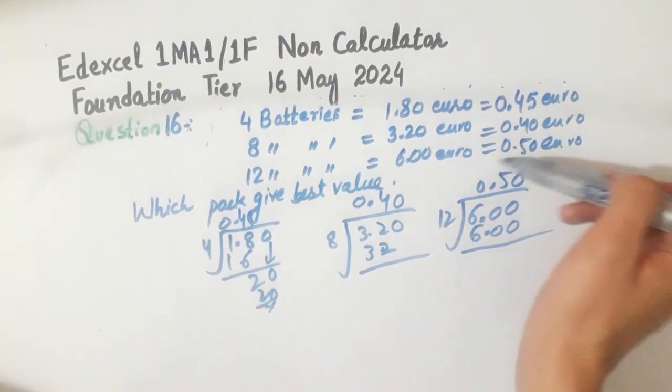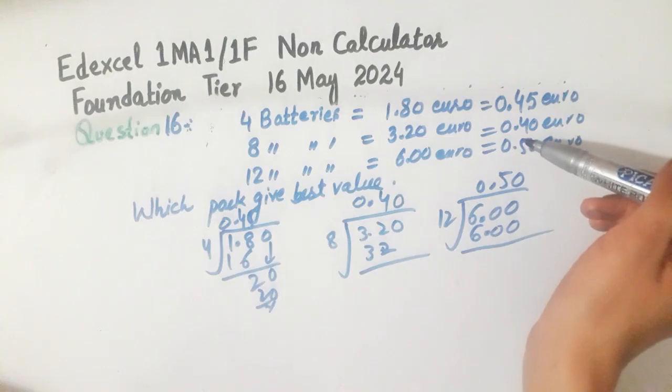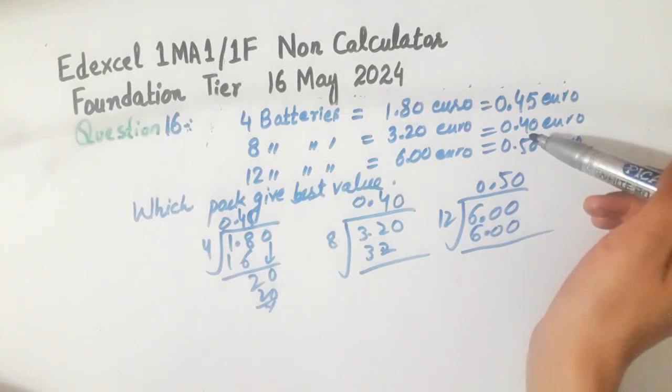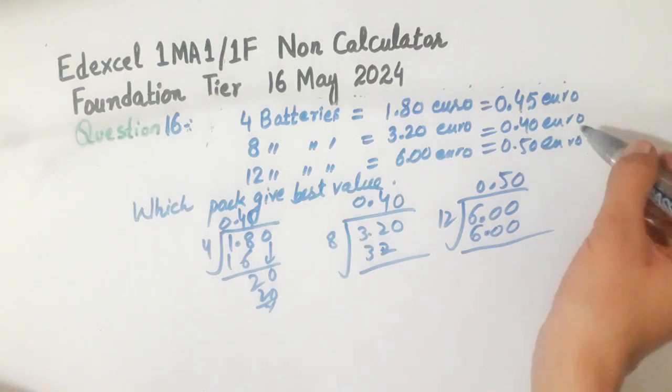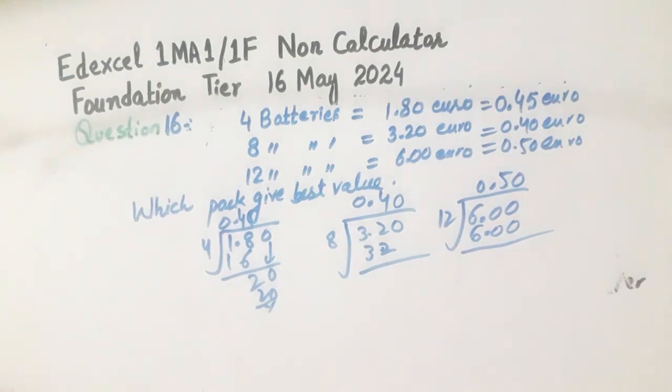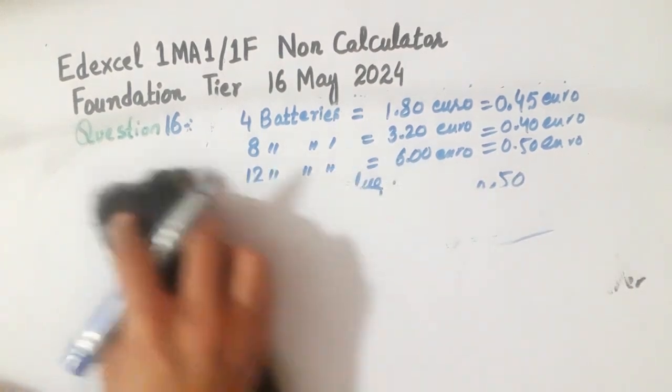So which value is best? The pack of 8 gives the best value for money with only 0.40, which is the least price per battery.